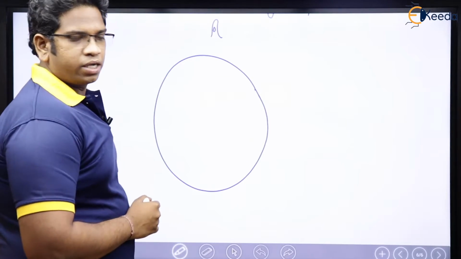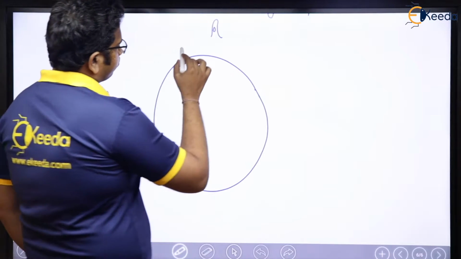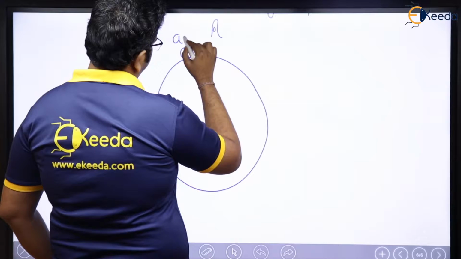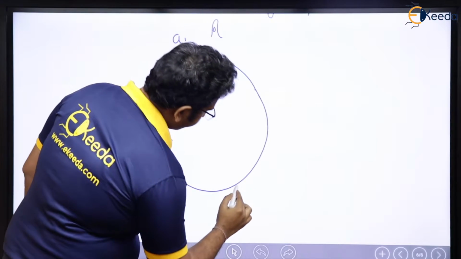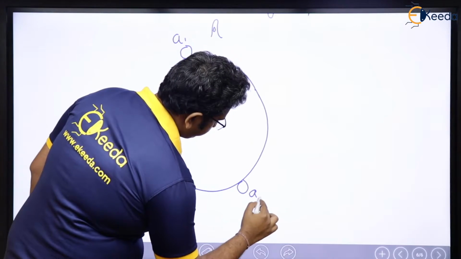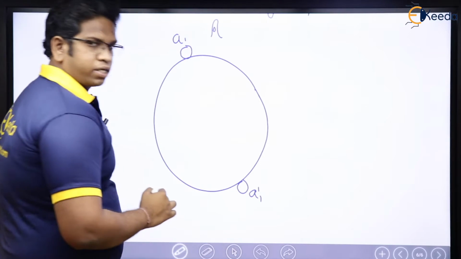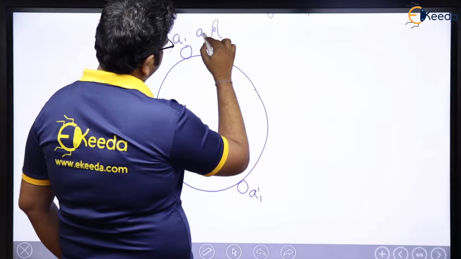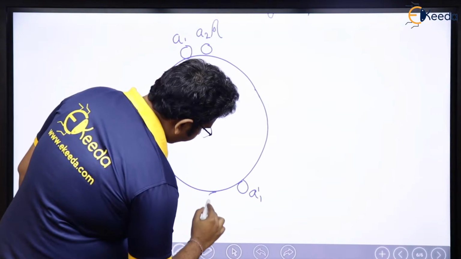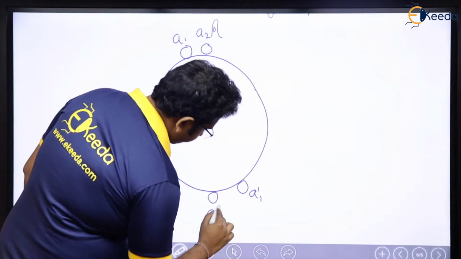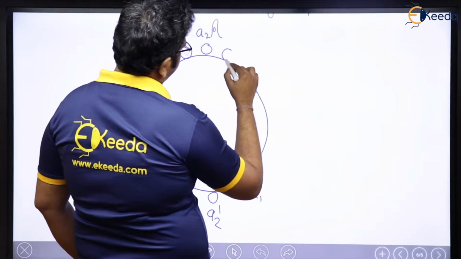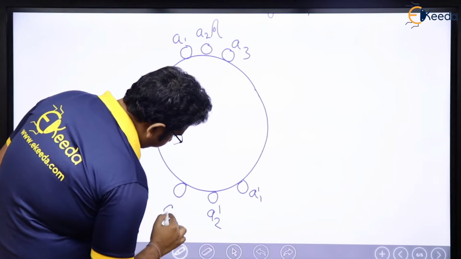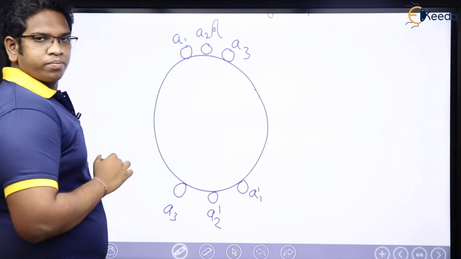Now see here, very simple. If I have an A1 conductor here, then diametrically opposite to it, I am going to have an A1 dash conductor, right? Similarly, if I have A2 here, then diametrically opposite to it, I am going to have A2 dash here. Similarly, if I have A3 here, then diametrically opposite to that, I am going to have A3 dash, right?